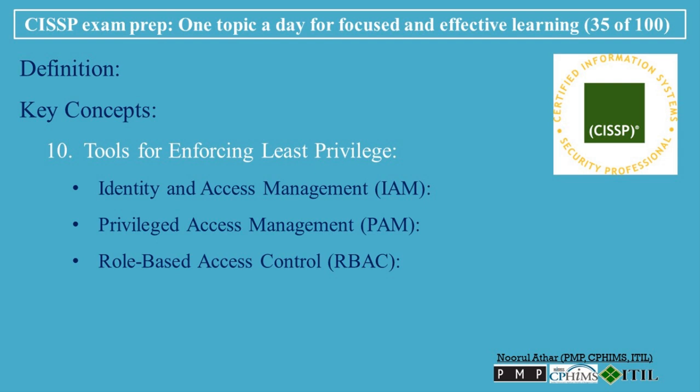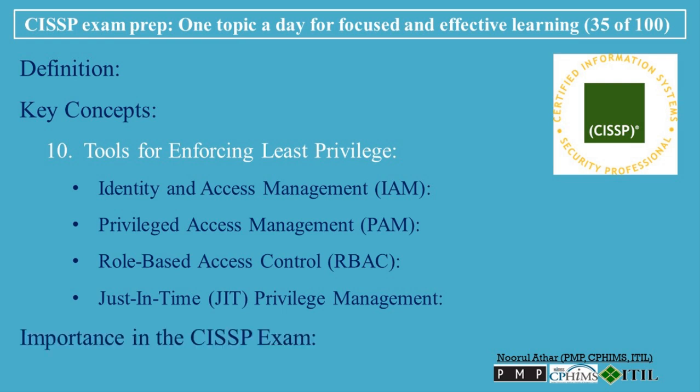Role-based access control, RBAC. RBAC tools help assign and enforce access rights based on defined roles, ensuring that users can only access the resources necessary for their job functions. Just-in-time, JIT, privilege management. JIT tools grant temporary access rights for users or processes to complete specific tasks, revoking access when the task is completed.